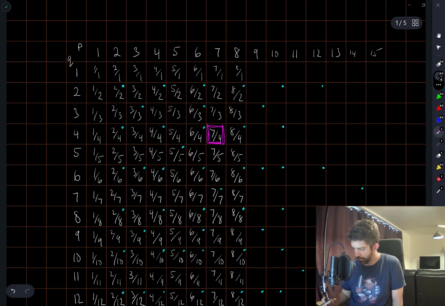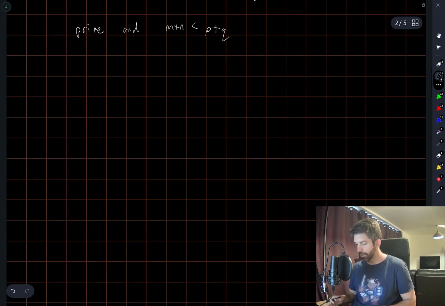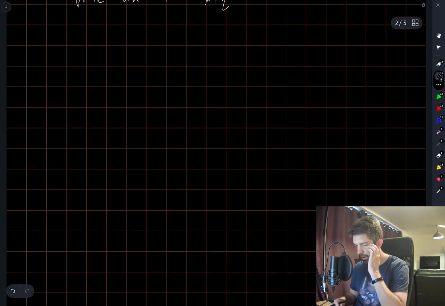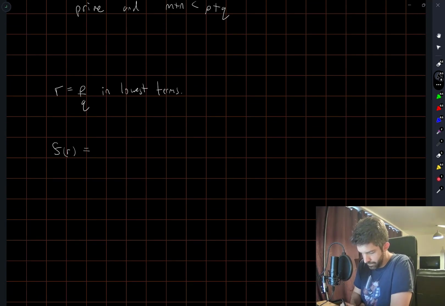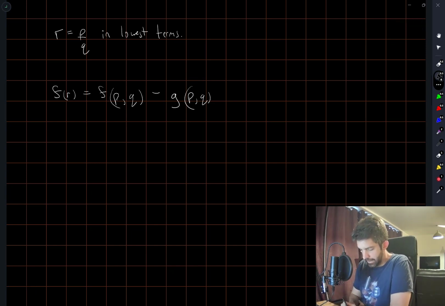And then of course we would have to remove anything up there. So I'm going to write a description of this function f of r. So G of P over Q is how many spaces in the grid have to be removed. I'm going to cheat here big time, and just call it the cardinality of some set.